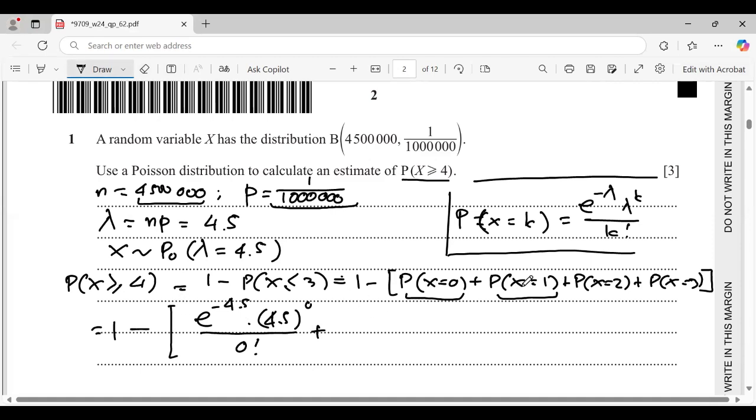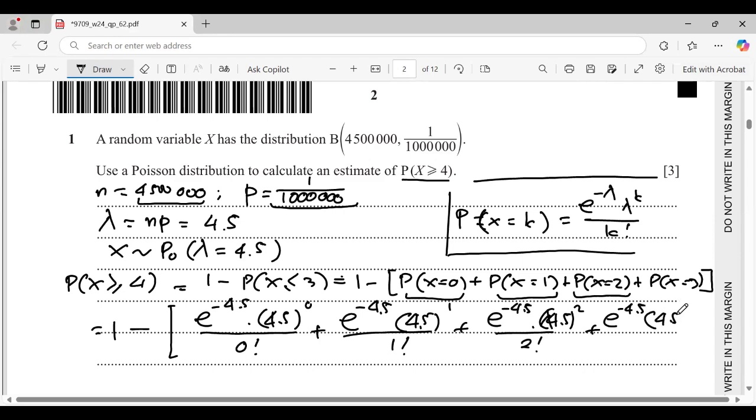Okay. Plus now this one: e to the power minus 4.5 times 4.5 to the power 1 over 1 factorial. Now this one: e to the power minus 4.5 times 4.5 squared over 2 factorial, plus e to the power minus 4.5 times 4.5 cubed over 3 factorial.